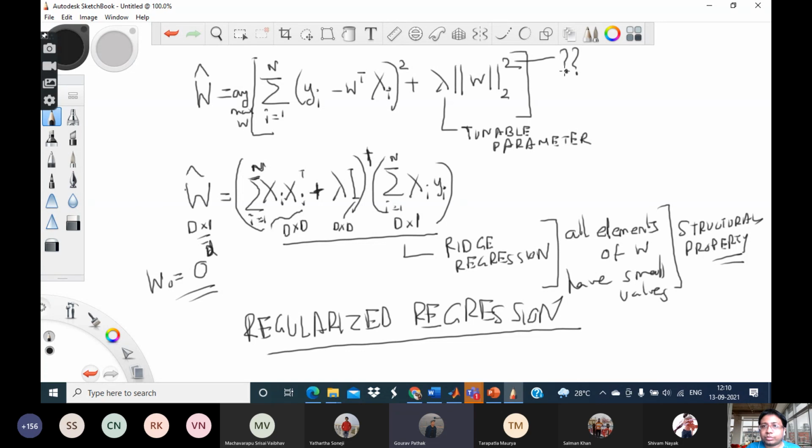Sir, a negative error is also an error, so all the errors should be of the same weightage. That's a good try, but the Euclidean distance by definition is always positive. That is, even if we did not consider a square, this would still have been a positive quantity only. Sir, it would be difficult to separate W.